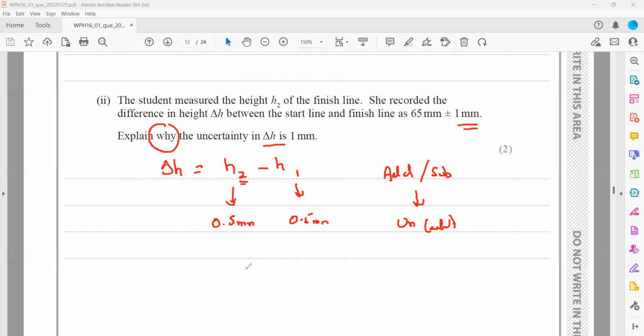That's why the total uncertainty in delta H will be 0.5 plus 0.5, which is equal to 1 millimeter. So you will refer here that the measurements H1 and H2 have an uncertainty of 0.5. That's why the total uncertainty in the change in height, delta H, which is H2 minus H1, should be 1 millimeter. Is it clear?